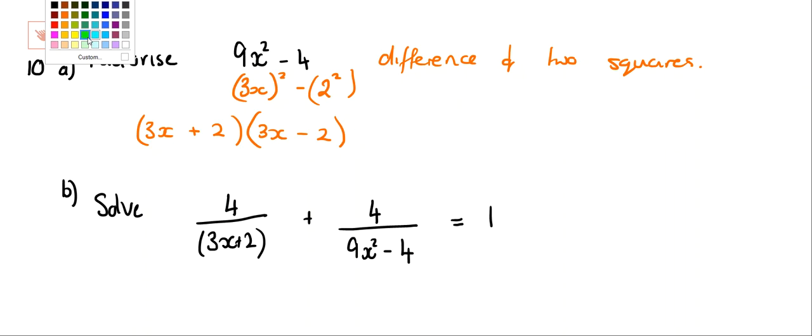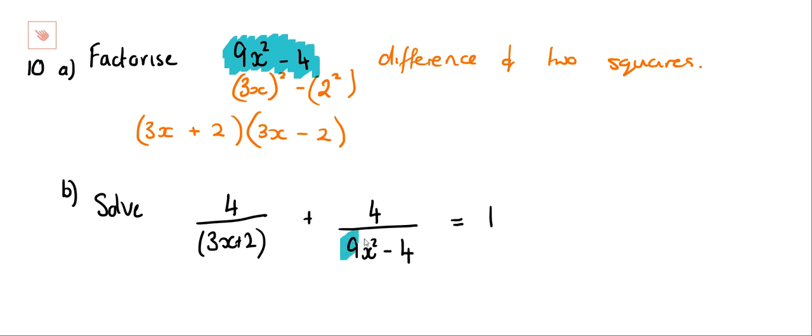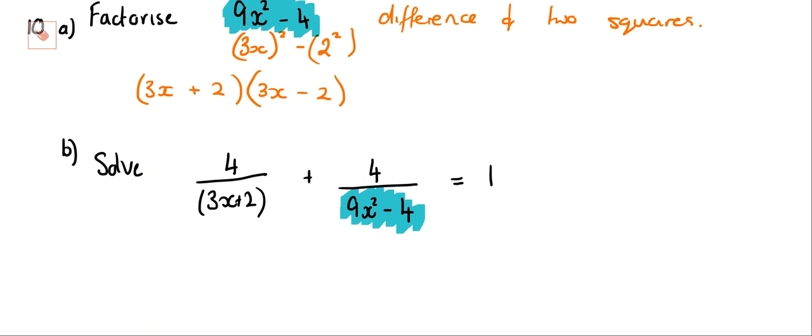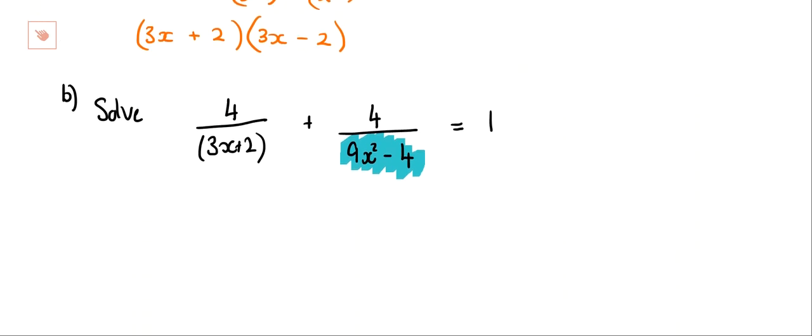Now, what I noticed, did you all notice that this for part A is here, for part B? So there's got to be a reason why it's used in that way. We can rewrite it as 4 over 3x plus 2, and you notice that 3x plus 2 is there, one of those things, so that's why they're linked.